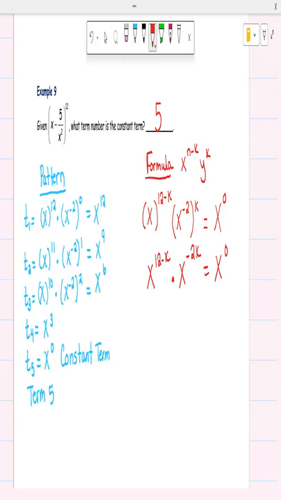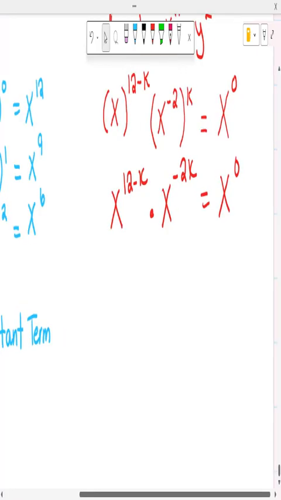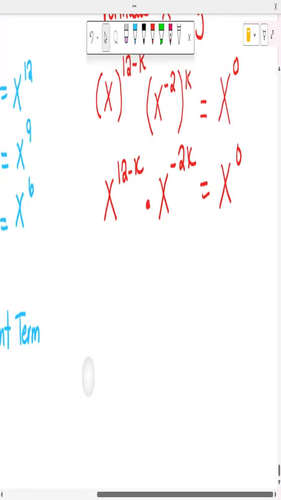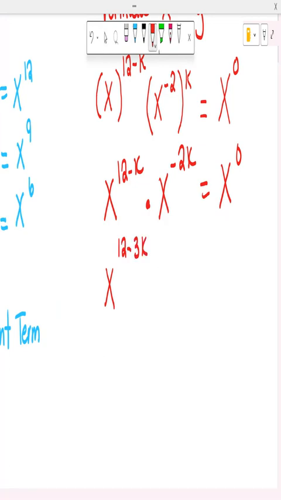So what do I do to the exponents on the left? I add them. Right? So I add those exponents. So then this is the same as x to the 12 minus 3k equals x to the 0. Now I can set my exponents equal to each other. And like I said, if you set your exponents equal in the above step and just add them, it's the same thing.